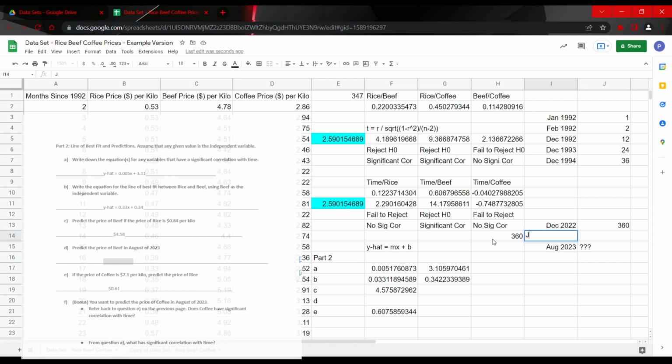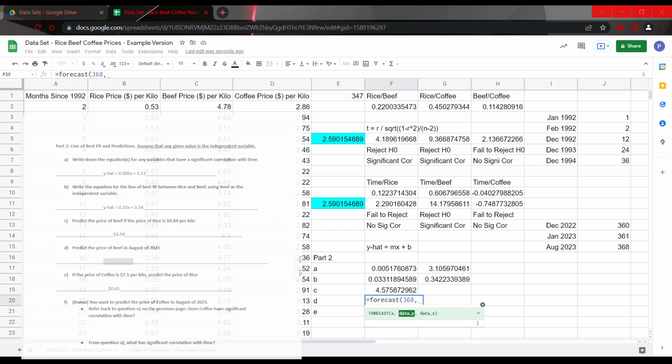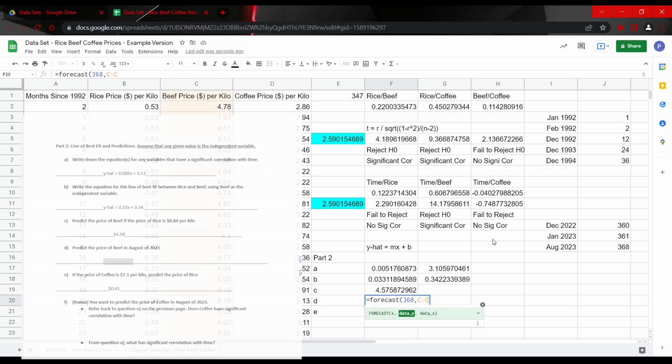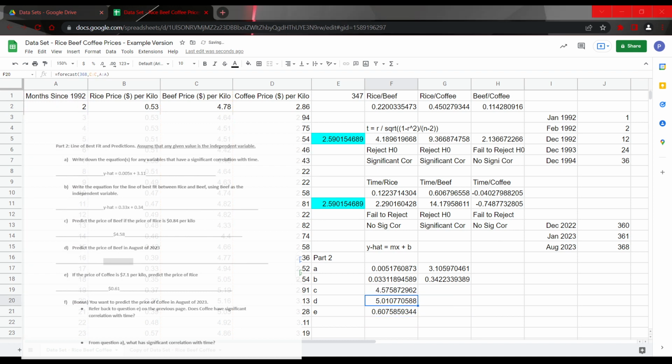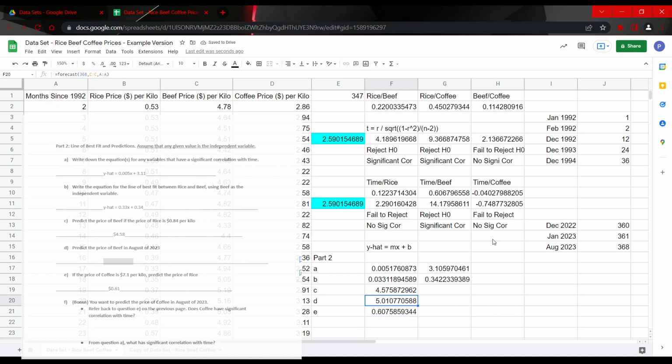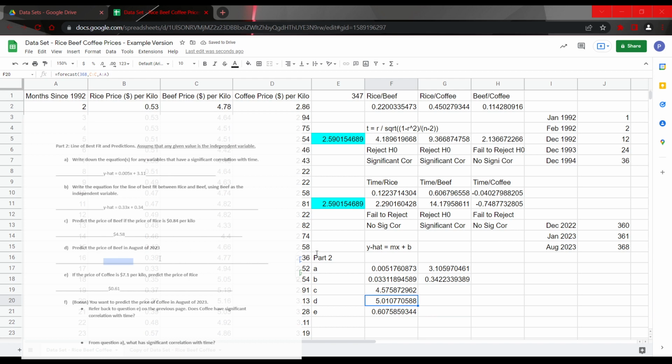Yes. So January of 2023 is going to be month 361. August is going to be month 368. And so we can now use forecast to get month 368. We want to find the price of beef, so CC, using time, AA. So the price of beef will be about $5.01.